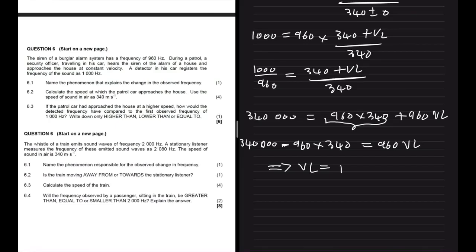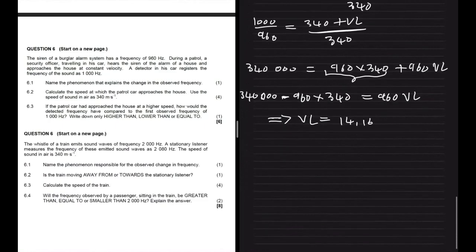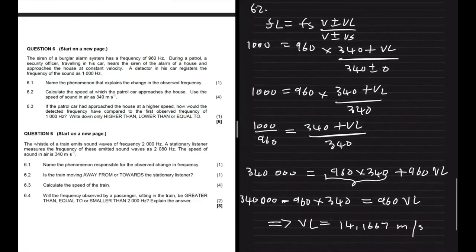So that is 14.1667 meters per second. We stick to the basics again: we write down the information we have, we sub in, and then we solve for the variable.